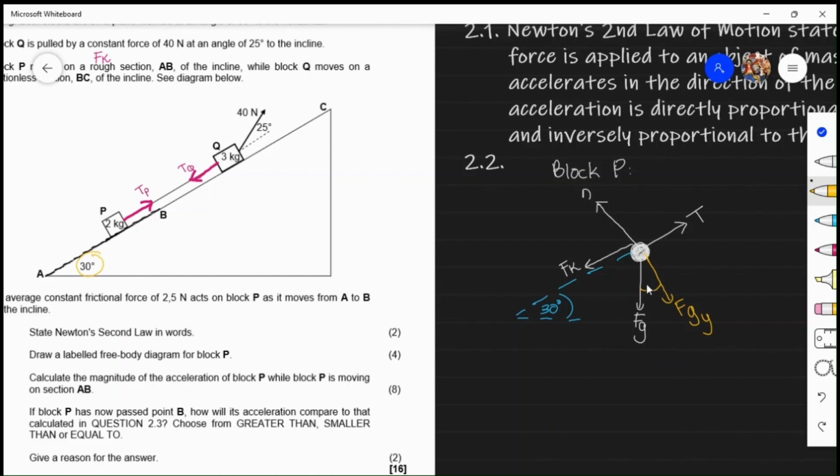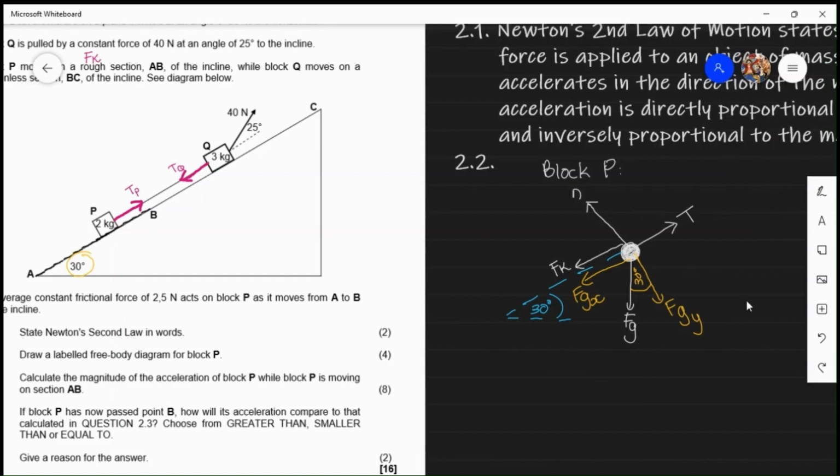So that is 30 degrees. Next, instead of drawing my parallel component FGX down there, I'm going to draw it coming out of my object, which is still the same thing. I'm just moving it up. Now, that is my free body diagram for block P.